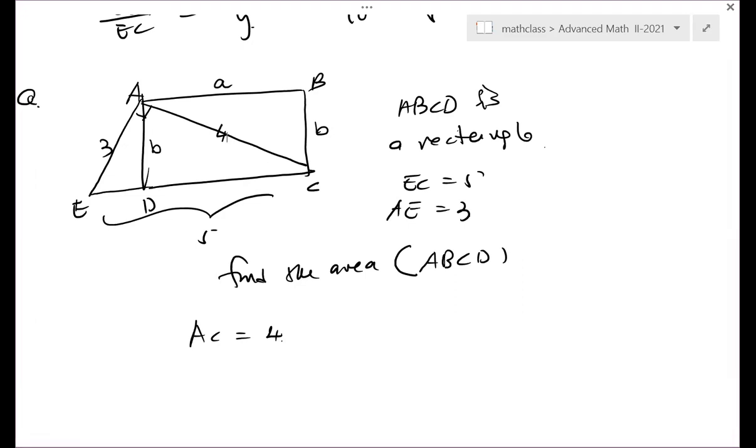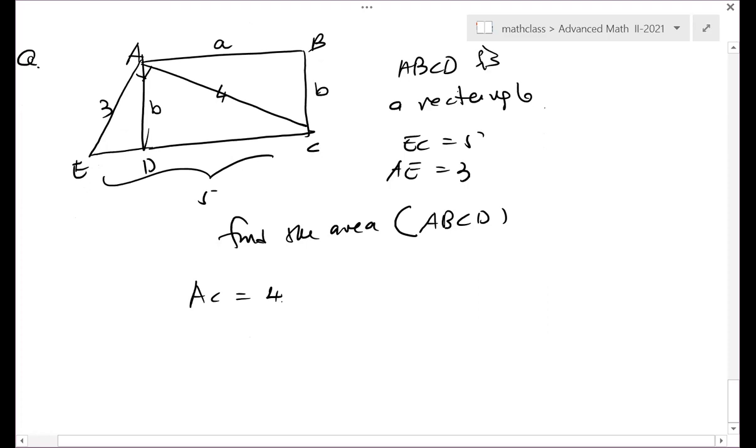We have learned the similarity of triangles. There are many similar triangles, okay? So you will see the triangle ADC is similar to the triangle EAC.